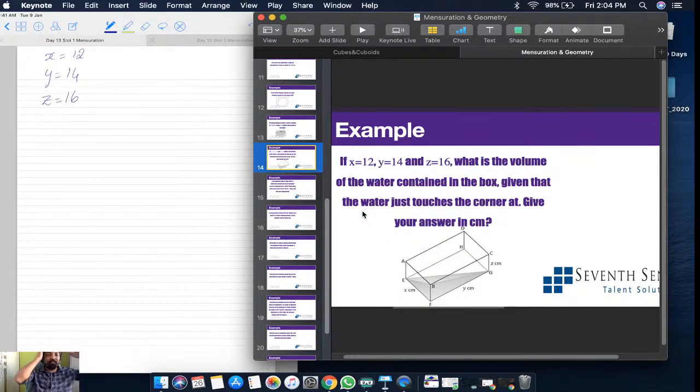How does it look for you guys? Just let me know the water inside the container. What happened? The afternoon session, people are not responding to me.